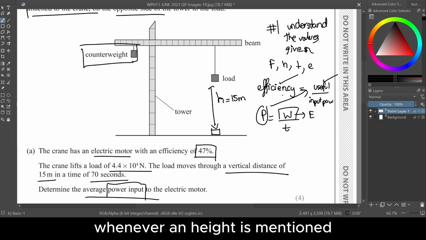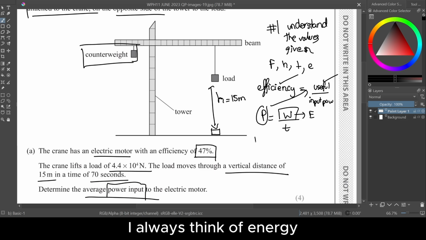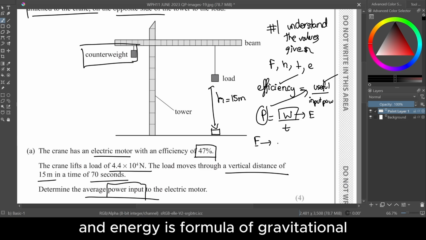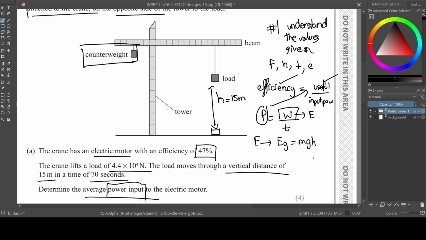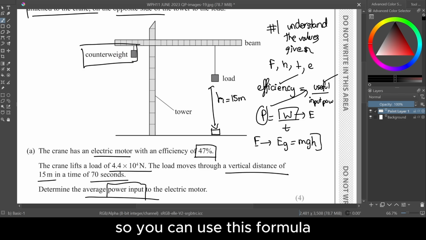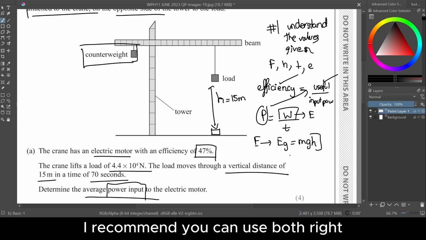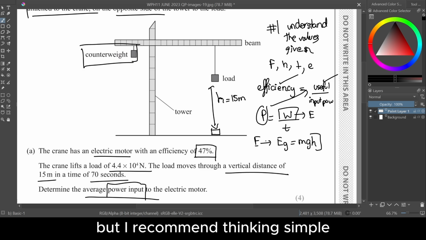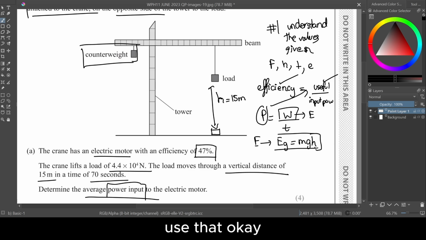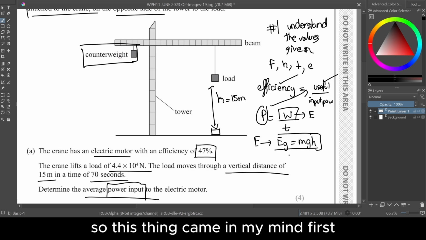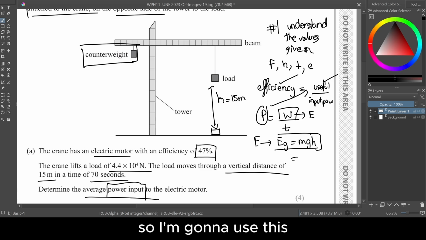Whenever a height is mentioned, I always think of energy, and energy's formula of gravitational potential energy, which is mgh, right? So you can use this formula. I recommend you can use both, but I recommend thinking simple, and whatever comes in your mind first, use that, okay? So this thing came in my mind first, so I'm going to use this.